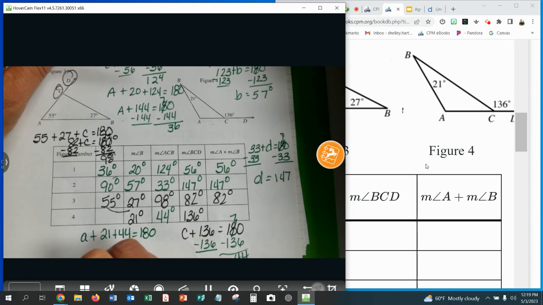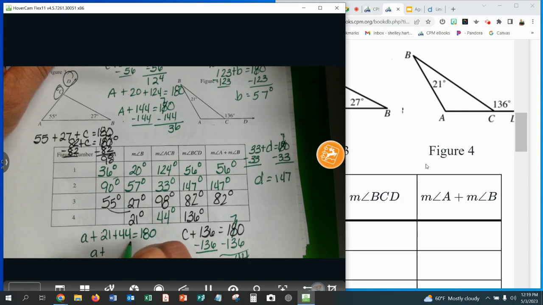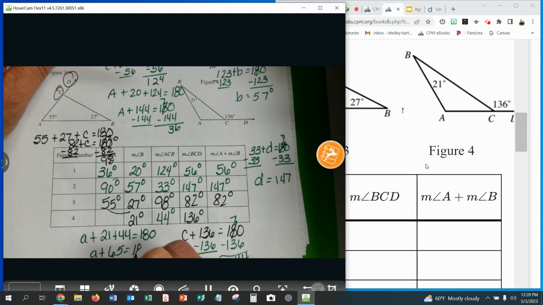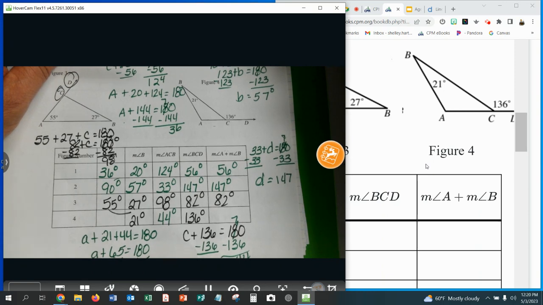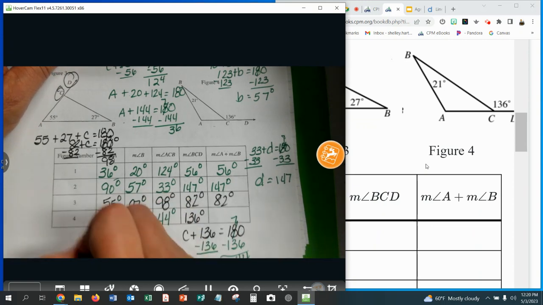Thank you for trying, Max. So we've got 65. 180 minus 65 is 115. I did it backwards. So A is 115 degrees.